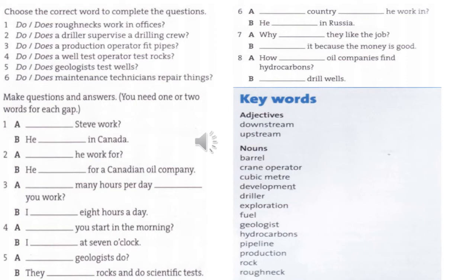Now make questions and answers. You need 1 or 2 words for each gap. 1. Steve work. So the question is, where does Steve work? B. The answer. He works in Canada.